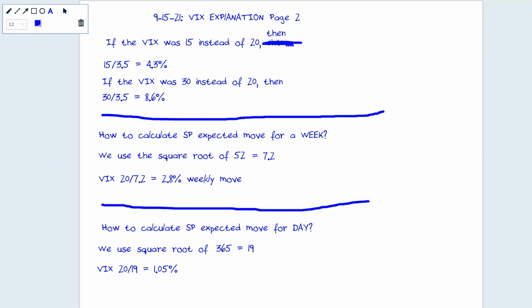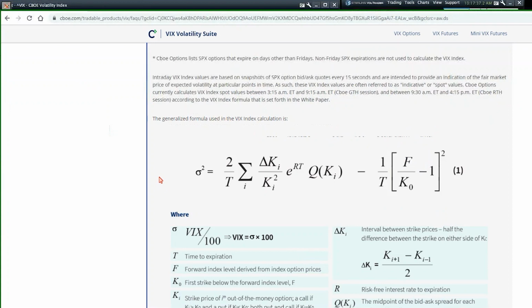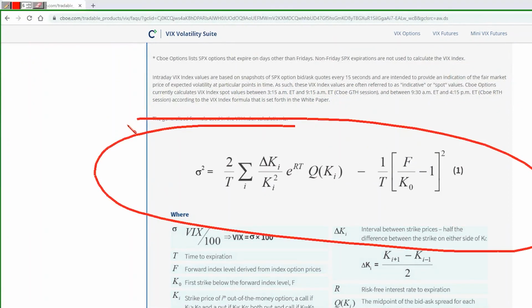Here is a VIX frequently asked question page that I'm just taking right from the CBOE. What I want to show you is what you don't need to know. That's the nuts and bolts. If you really are a math geek or statistician and you want to get into that, you can, but you don't need to know that. Just like you don't need to know how the Black-Scholes option pricing model works.